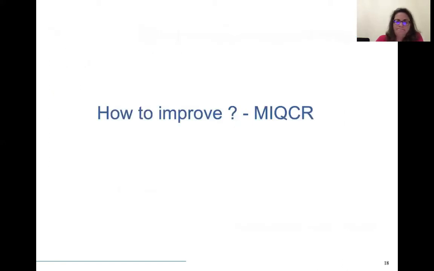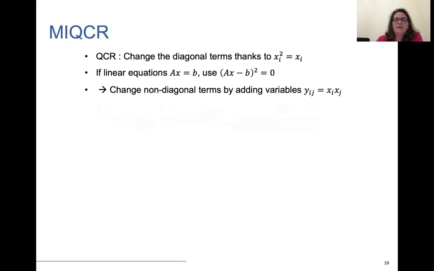So the bound at the root is tight. How to improve? Our improved version of QCR actually takes into account mixed integer variables. So we call it mixed integer QCR, but it can be seen as just an improvement of the first method. The improvement comes from the fact that we can also build other quadratic functions from linear equalities.